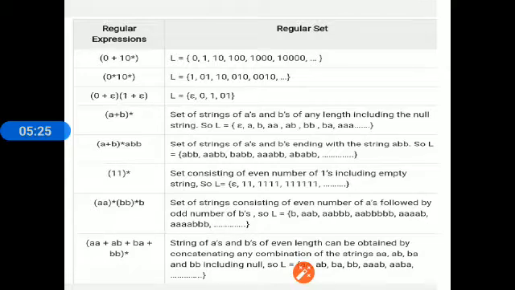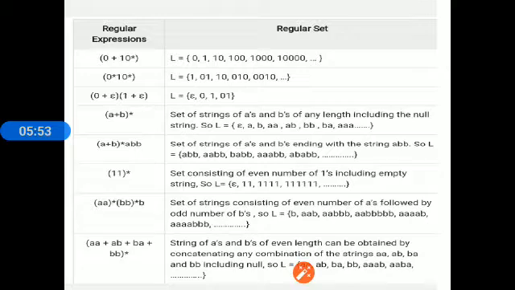Next, 1 1 star is the set consisting of an even number of ones including the empty string. So it will produce either null, or 1 1 once, or 1 1 twice. In another way, we can say it produces an even number of ones.